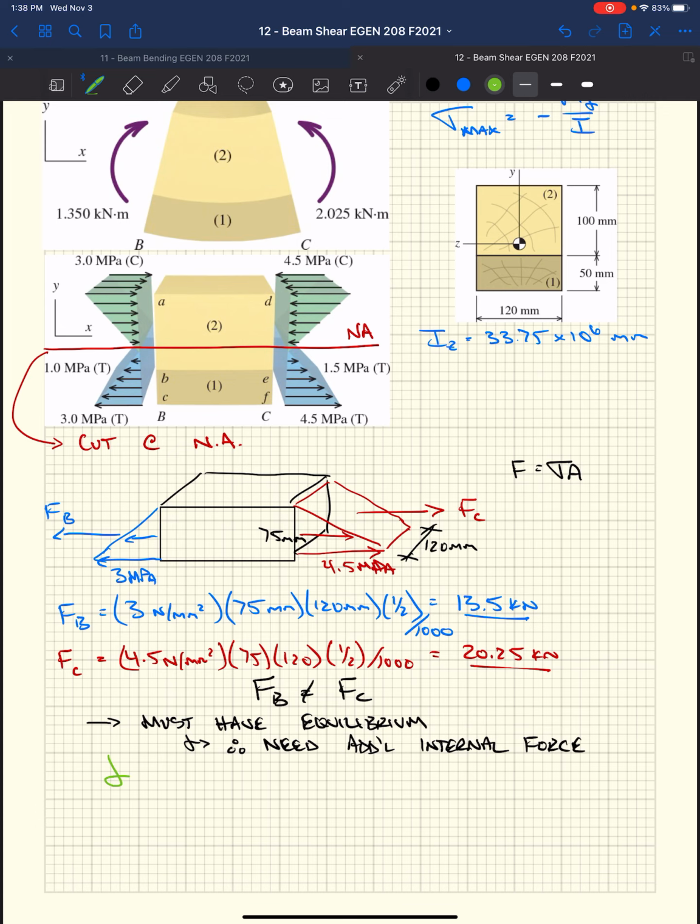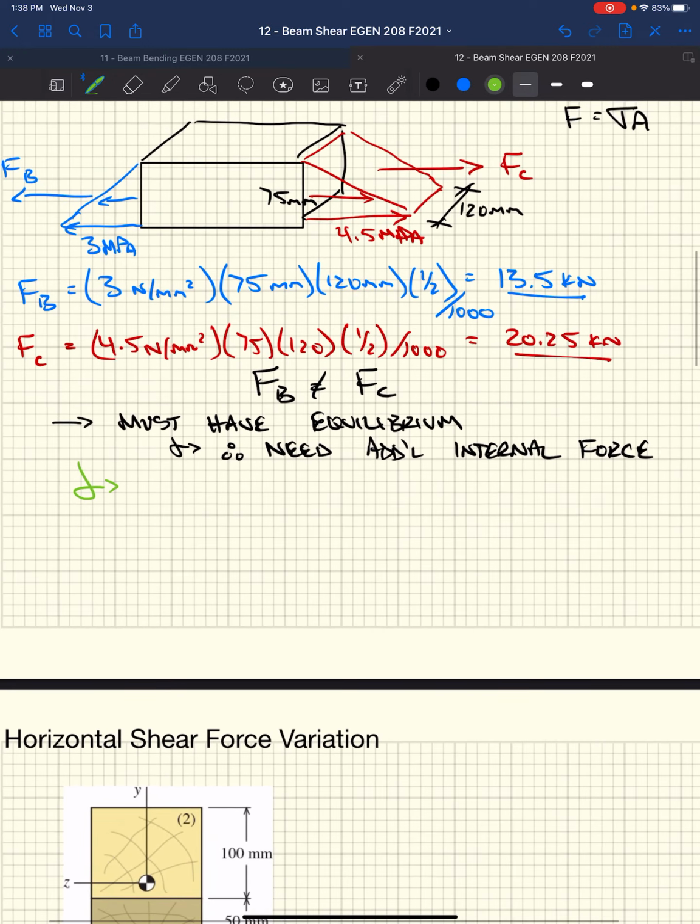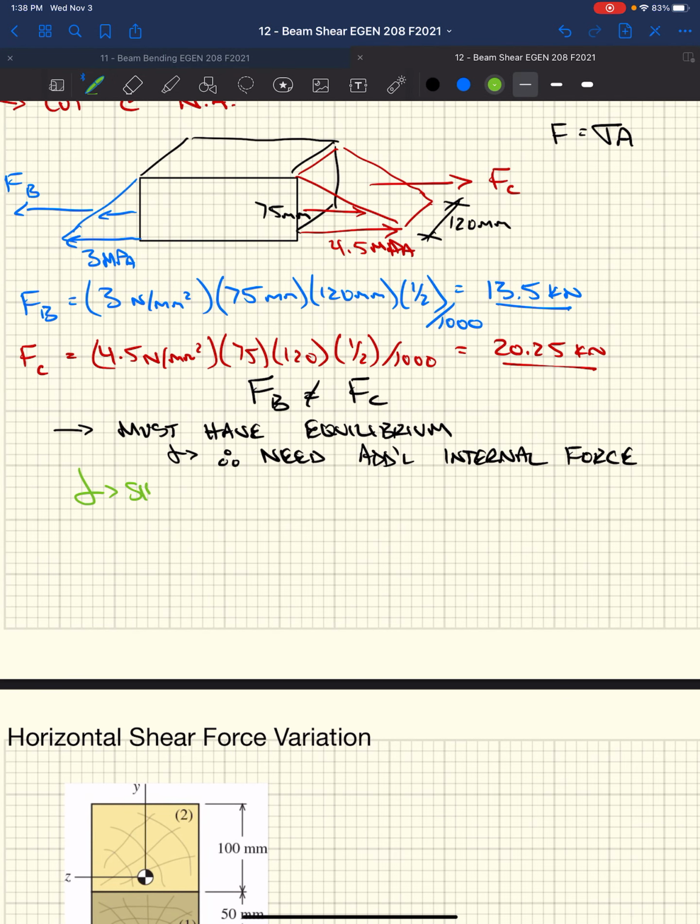Essentially, the shear force required is required to maintain that equilibrium, okay?